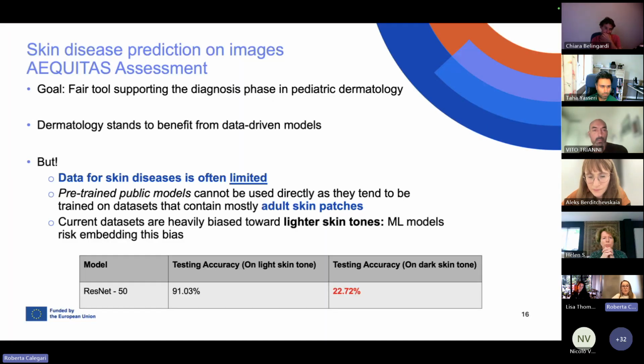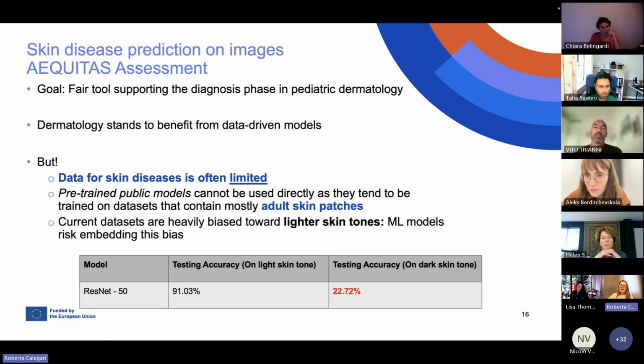Last, a very quick example. It is another use case in the consortium related to skin disease prediction in kids. We are working with a hospital in this case, predicting very rare diseases that can happen on the skin of kids.